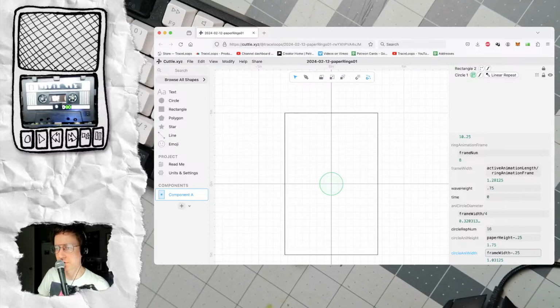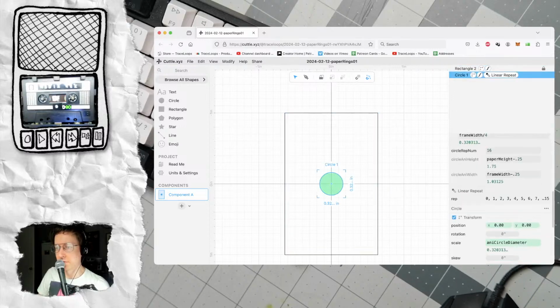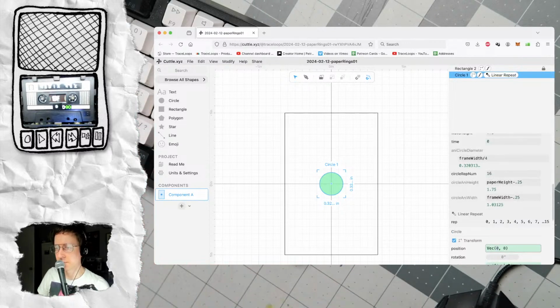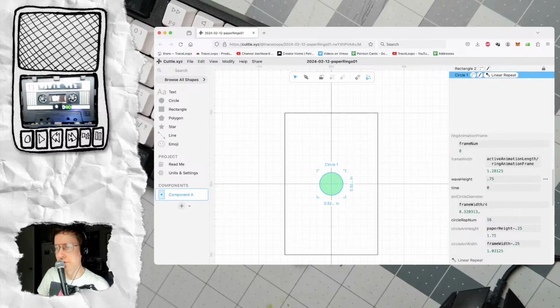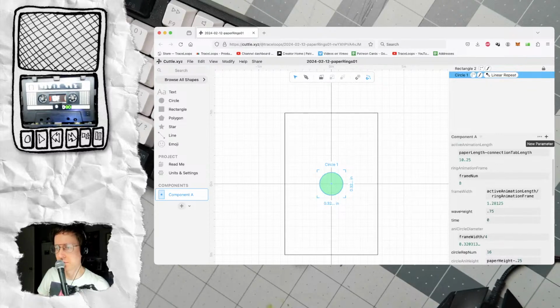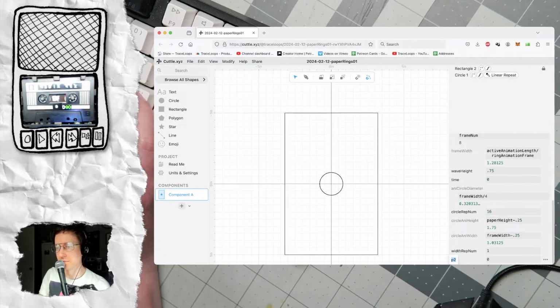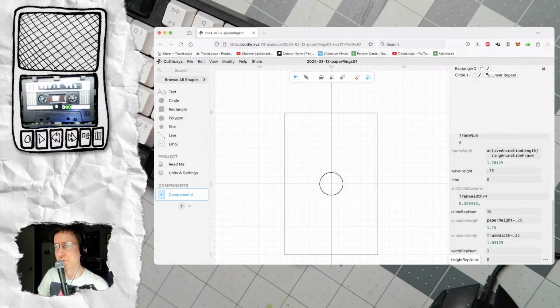So let's come to this rectangle, and this position is going to be 2 more variables that I'm going to add in here. 1, 2. This is going to be width rep num. We'll start out with 1 just so I get this all set correctly, and this will be height rep num, and this will just be 1 for the moment. Come over here.